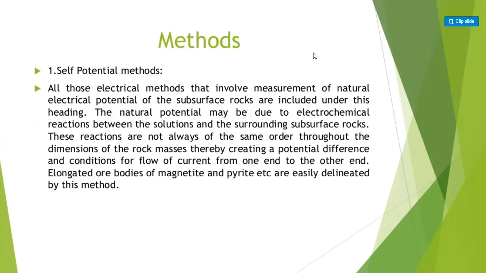Self potential methods. All those electrical methods that involve measurement of natural electrical potential of the subsurface rocks are included under this heading. The natural potential may be due to electrochemical reactions between the solutions and the surrounding subsurface rocks.